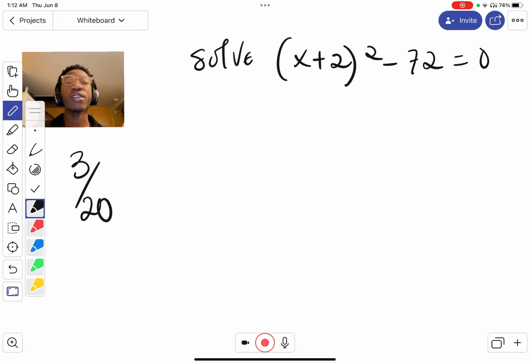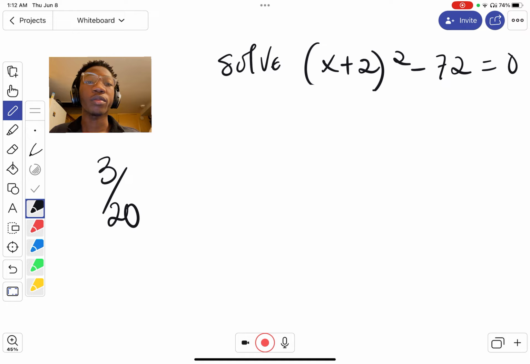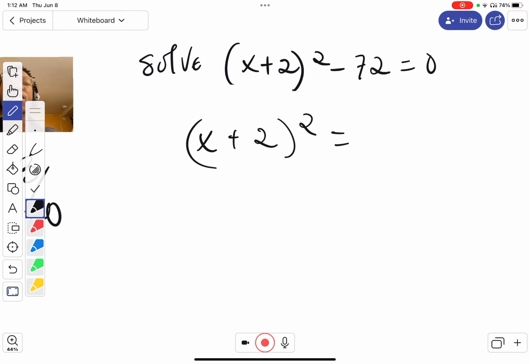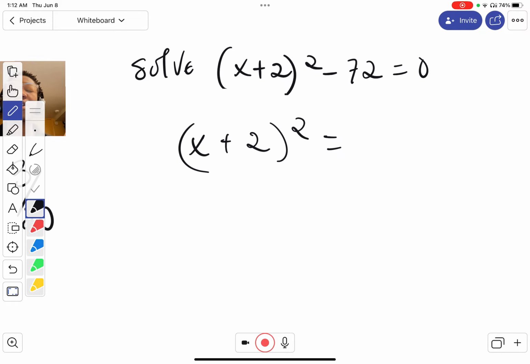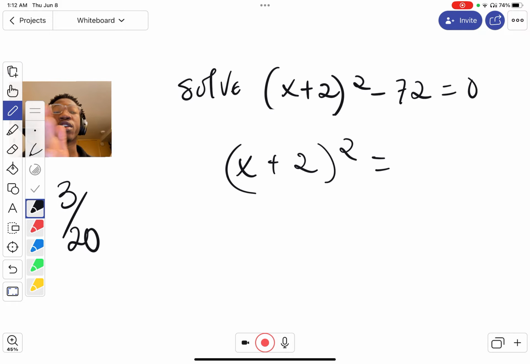But right now we're going to isolate some terms in order to make our life easier, so that we can see what we are doing before we spread the whole thing out. We start by isolating the square, so we keep only the first term, (x + 2)², and the 72 goes to the right, so the sign flips to a positive sign.